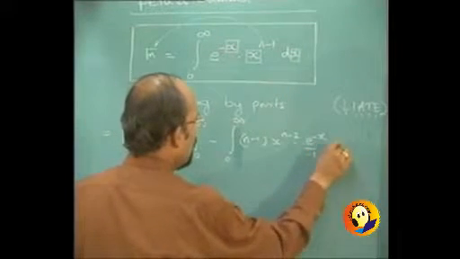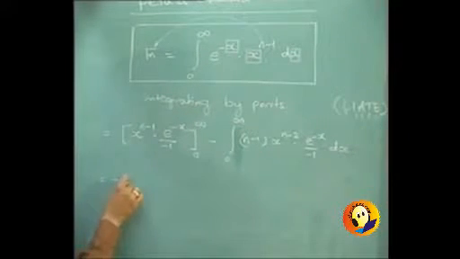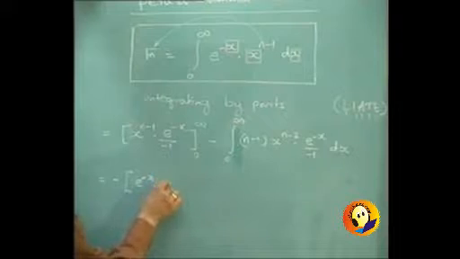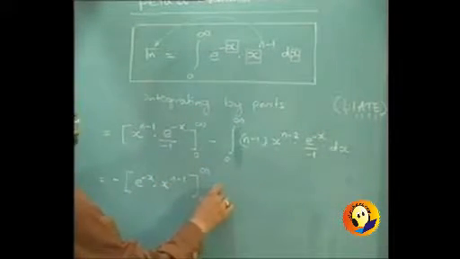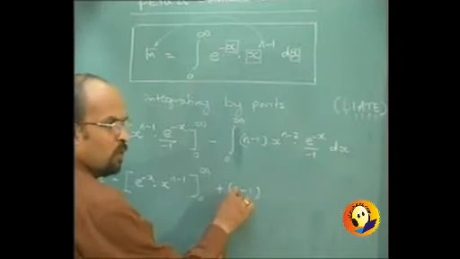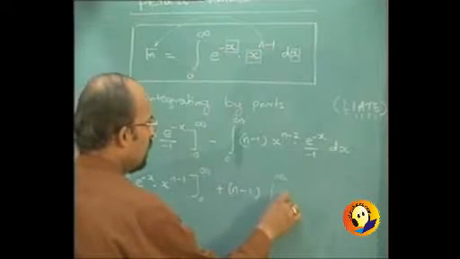So this will come out to be minus sign outside, e raised to minus x into x raised to n minus 1 within limits 0 to infinity. This will be minus minus plus, n minus 1 will come outside, integral 0 to infinity e raised to minus x into x raised to n minus 2 dx.